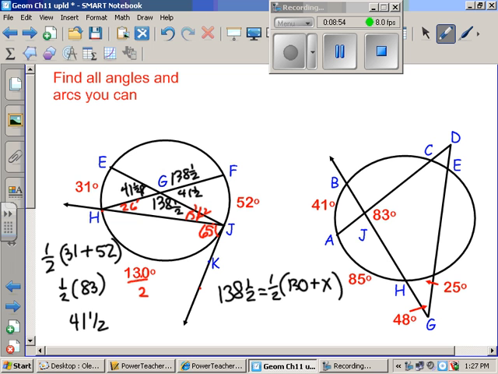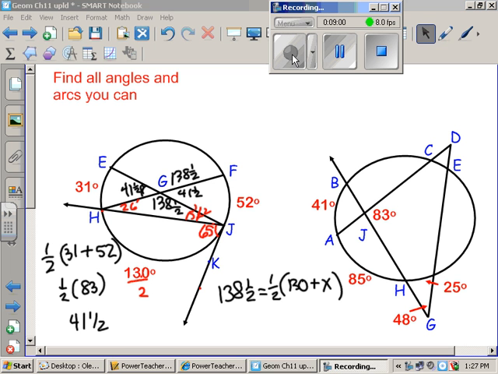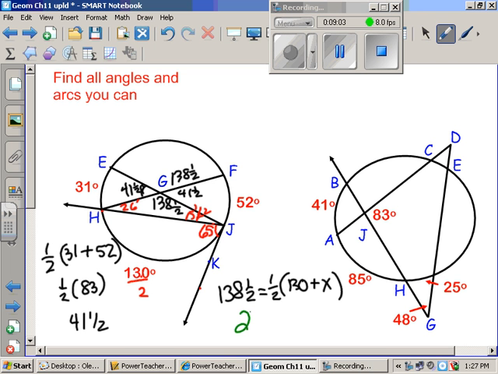Okay, so to get rid of the 1/2, I'm going to multiply both sides by 2, and that gives me 277 equals 130 plus x.